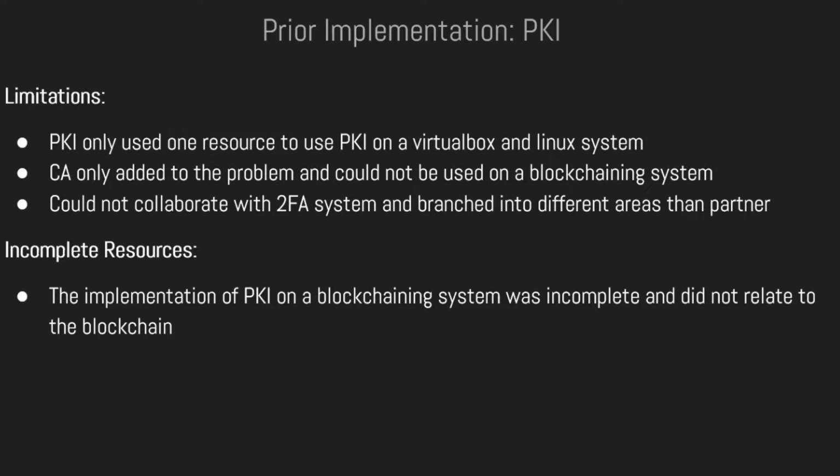Using only one resource to pursue PKI implementation of security proved difficult, and the addition of a CA did not help. With the idea of two-factor authentication, we could not decide on the right way of pursuing the security and collaborating as a team. So with these limitations in place, both of our implementations were incomplete and cannot be accurately used to convey security.